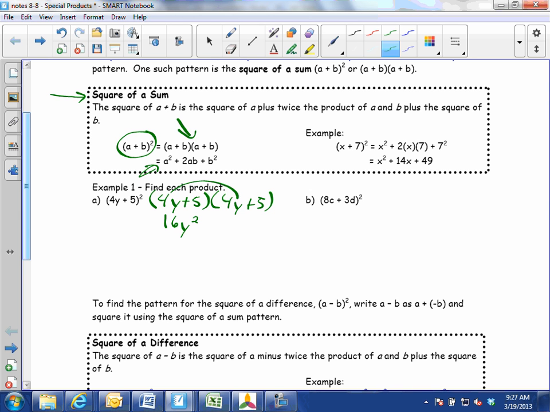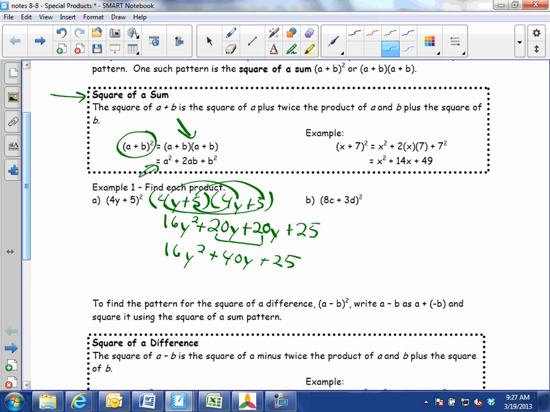Then 4y times 5 gets us 20y. Then 5 times 4y is 20y. And then 5 times 5 would be 25. Then we would put these together, so we would have 40y plus 25. Okay, this is what we would get when we FOIL it.